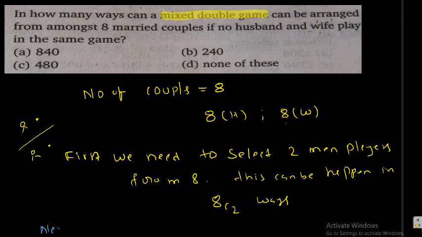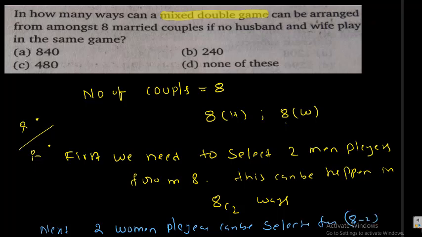Next, 2 women players can be selected from 8 minus 2.